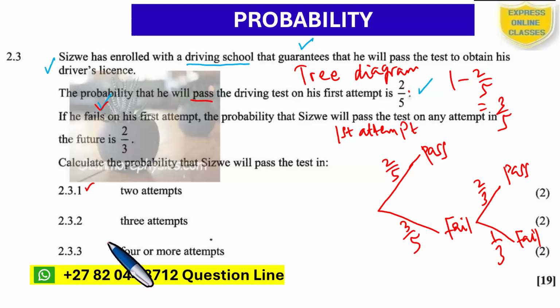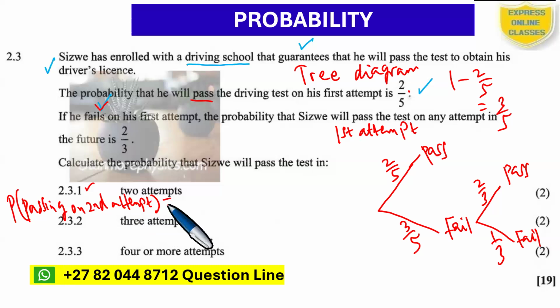This would therefore mean the following: the probability of passing on second attempt.